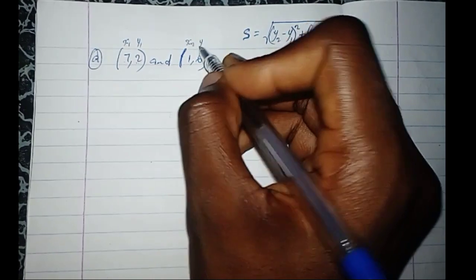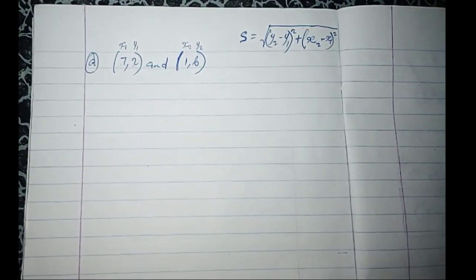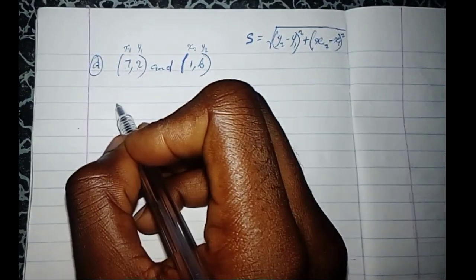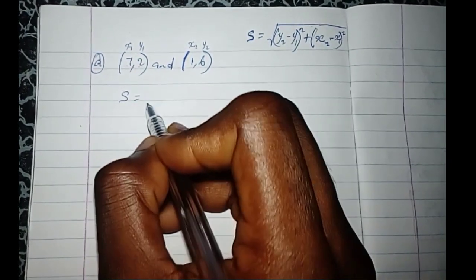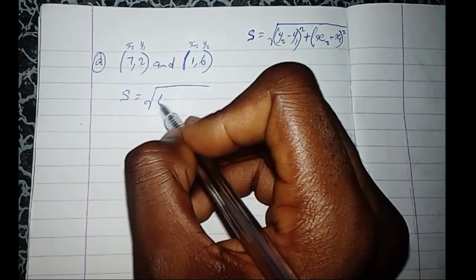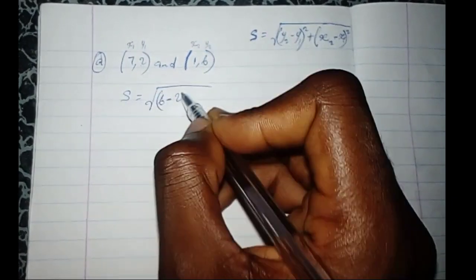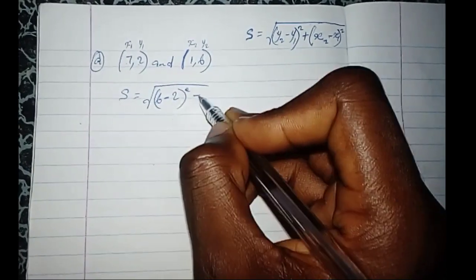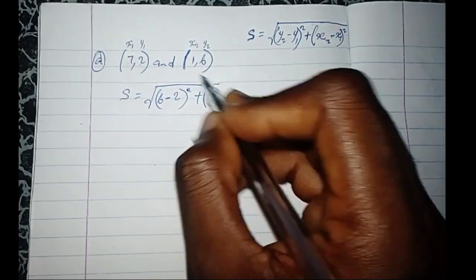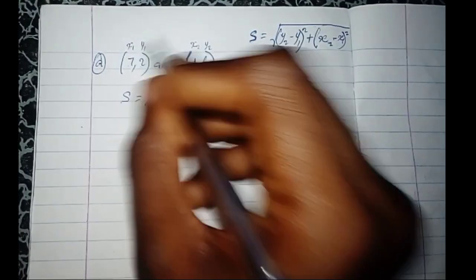So finding the distance s, this should be the square root of y2, that is 6, minus y1, that is 2, so 6 minus 2 squared, plus x2, which is 1, minus x1, which is 7, so 1 minus 7 squared as well.